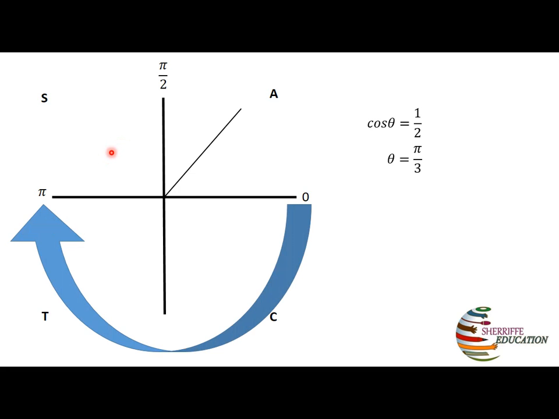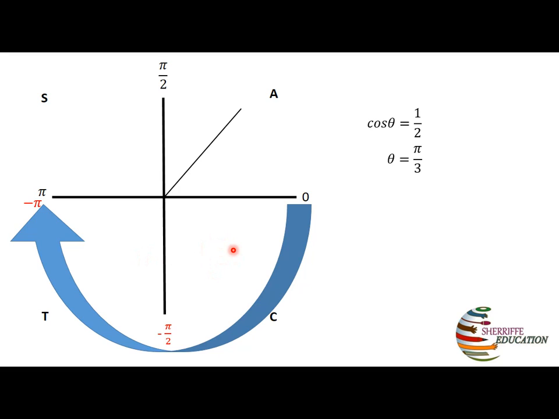So now we focus on the negative direction. We're looking from negative pi to 0. So we have two options again: the fourth and third quadrant. But remember, we want cos theta to be equal to positive a half. And as such, the only quadrant between the third and fourth that would give us a positive value for cos theta is the fourth quadrant.